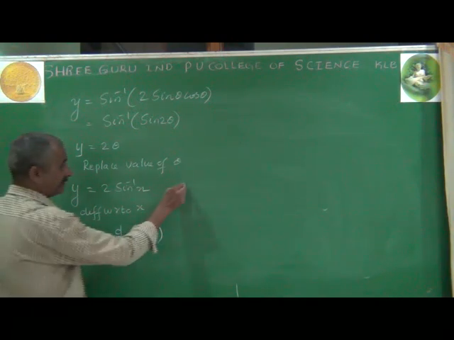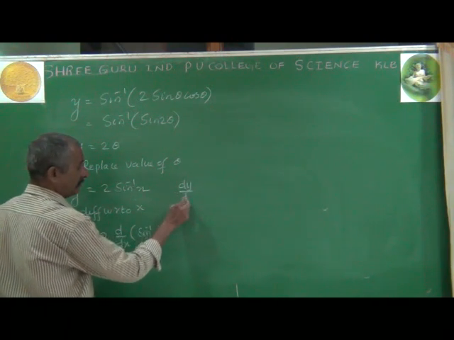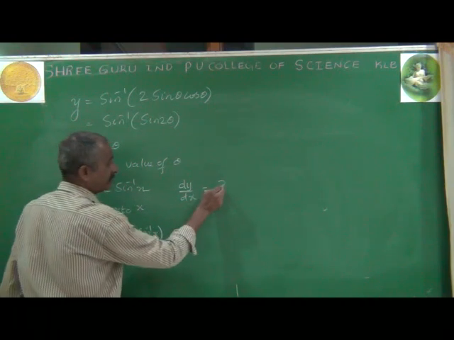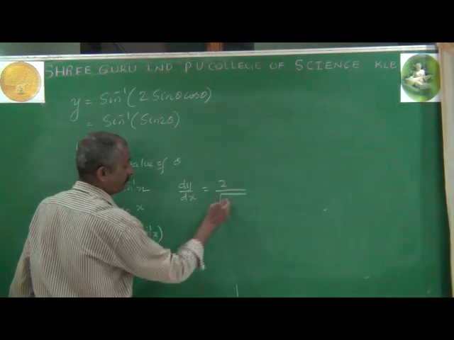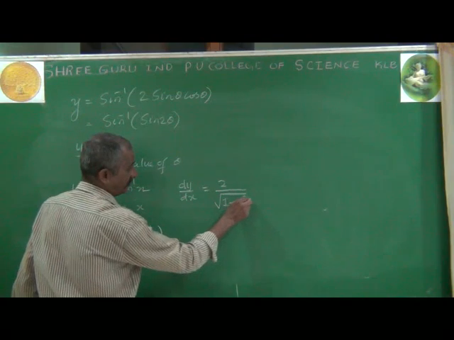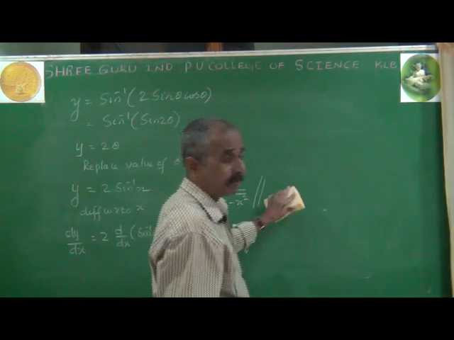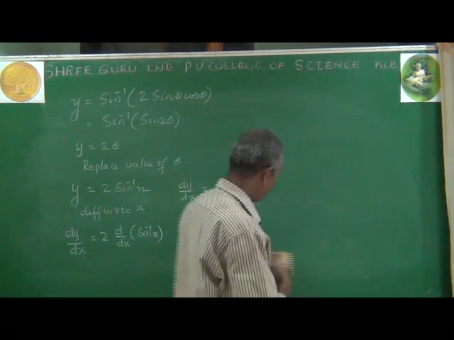Final dy by dx equals, by standard formulas, the differentiation of sin inverse x is 1 by root of 1 minus x square. Total answer 2 divided by root of 1 minus x square. That's the required answer. We got this answer very easily without putting in much effort because of that proper substitution. Otherwise, it would have taken more time to get this result.